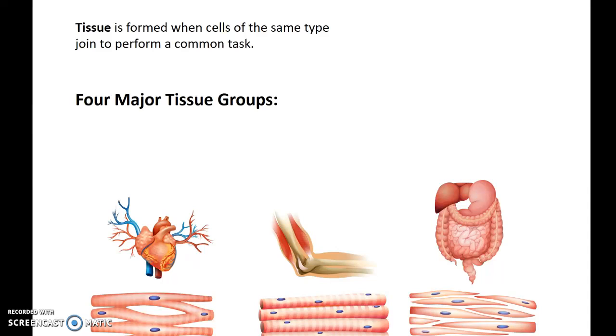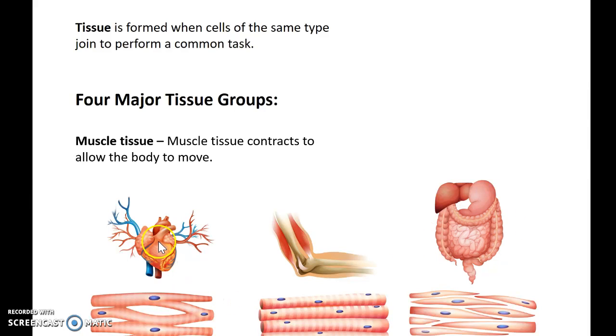Alright, so our third type of tissue is called muscle tissue. And muscle tissue is composed of cells that contract, okay, and enables our body to move, okay. Obviously, there's 3 different types of muscle tissue. We have our cardiac muscle, we have our skeletal muscle, and then we have what's called smooth muscle, okay.